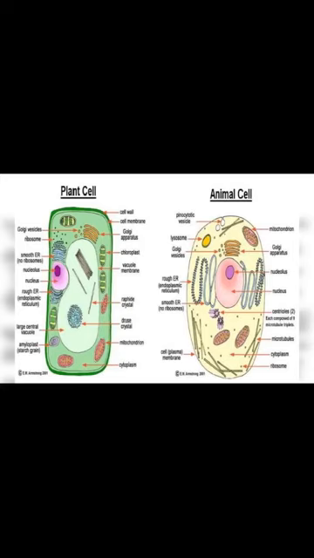The wall is strong and it gives rigidity to the house, like that. Here, the plants get protected by the cell wall. But there is no cell wall around the plasma membrane in animal cells. Now I am going to discuss plasma membrane.